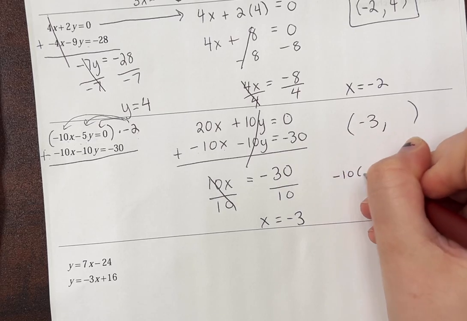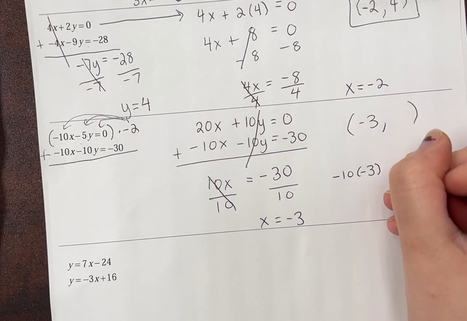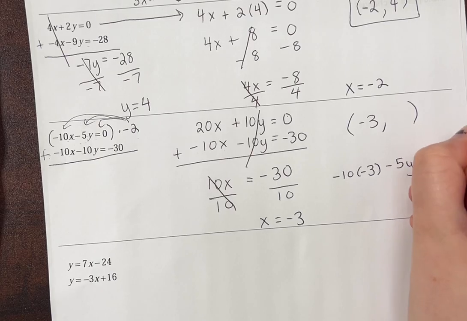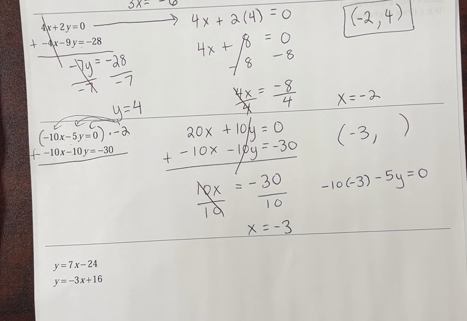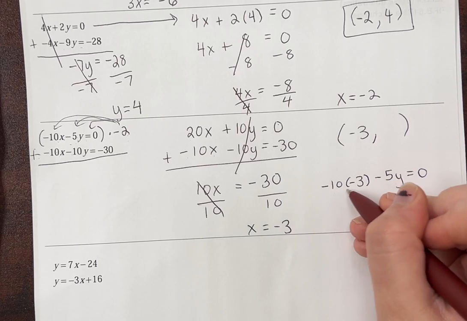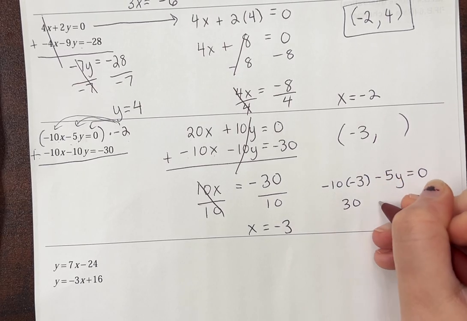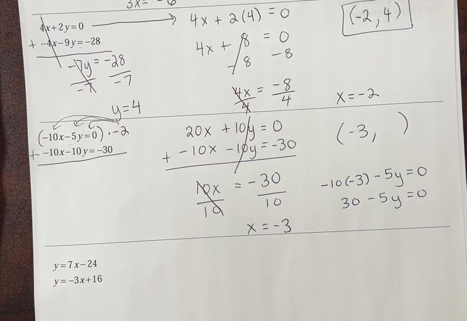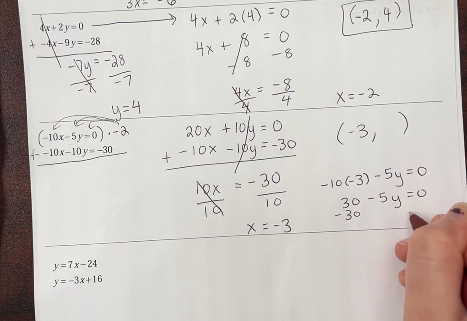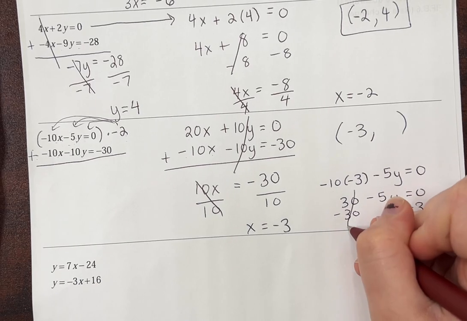So negative 10x times negative 3 minus 5y equals 0. I'm solving for y because I want the other half of my point. Negative 10 times negative 3 is positive 30 minus 5y equals 0. I'm going to subtract 30 from both sides.